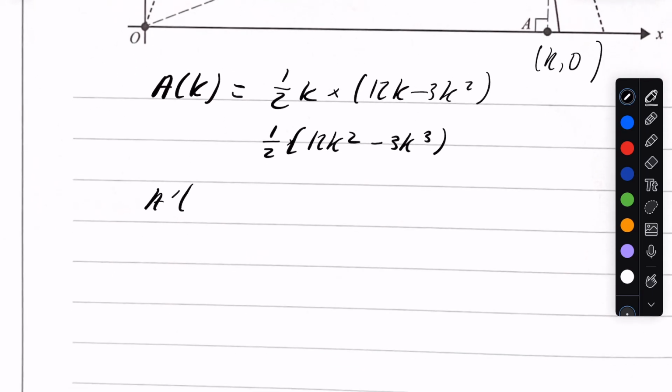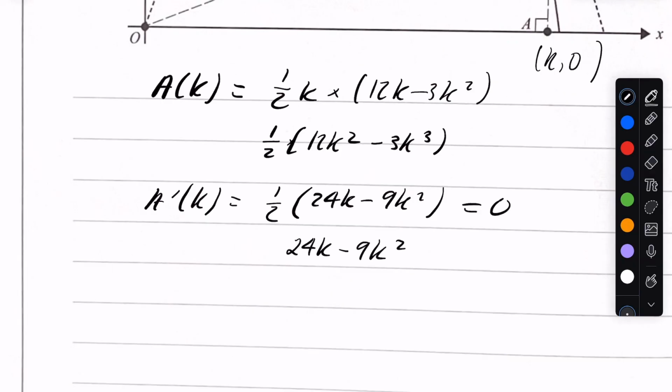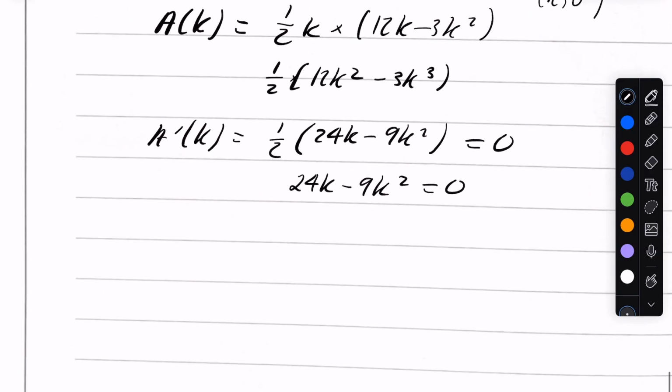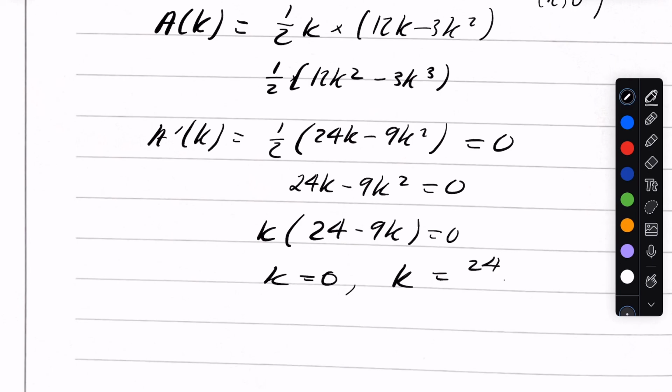A dash of k is equal to 1/2 times (24k minus 9k squared), and solve that equal to 0. 24k minus 9k squared is equal to 0. Take k as a common factor, you've got 24 minus 9k is equal to 0, so k is equal to 0, or k is equal to 24 on 9.